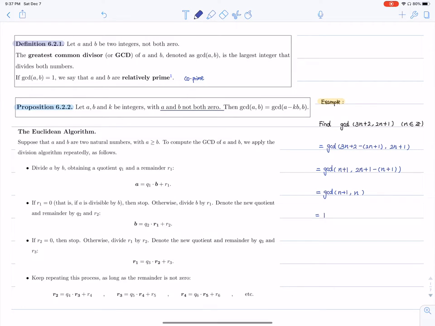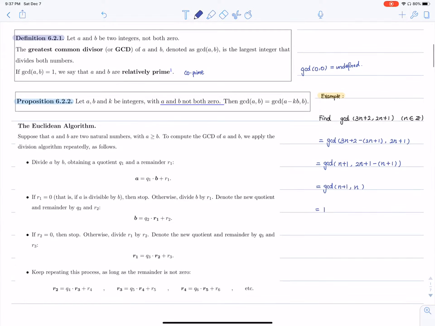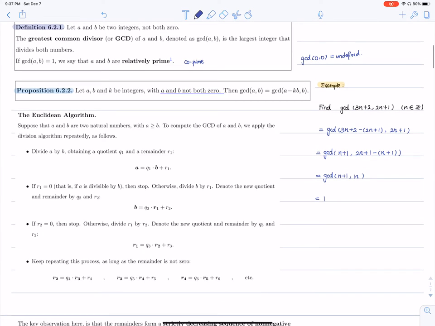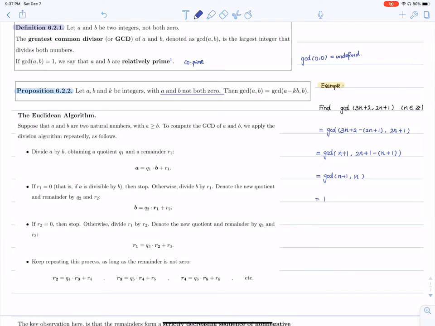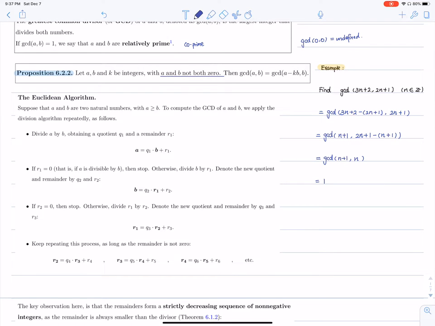GCD of 0, 0 is undefined, because the smallest value of GCD is 1, which is a natural number. So your GCD can only be a natural number, not smaller than that. This proposition, I personally think it's quite important. So I wrote an example right here.